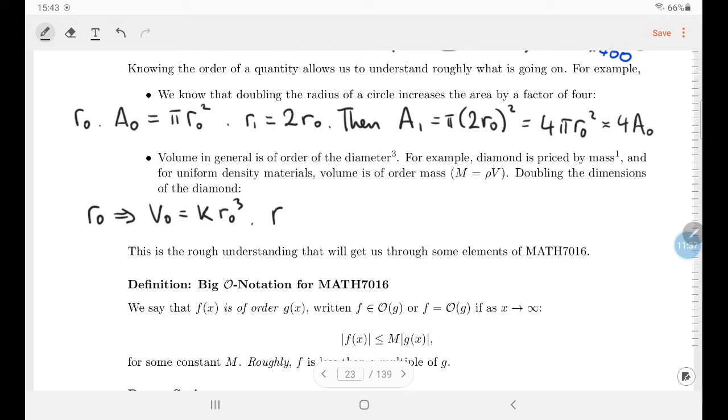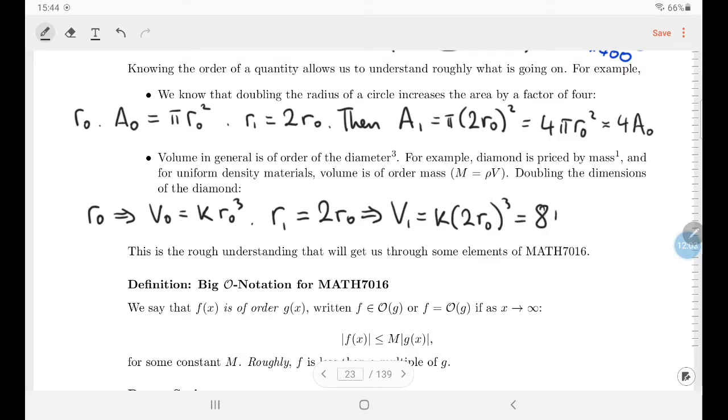And then what about if I double the radius, which is the same as going from r0 to 2r0? Then what happens to the volume? The volume goes to k times the new radius, which is twice r0, cubed, and 2r0 by 2r0 by 2r0 is 8 r0 cubed.